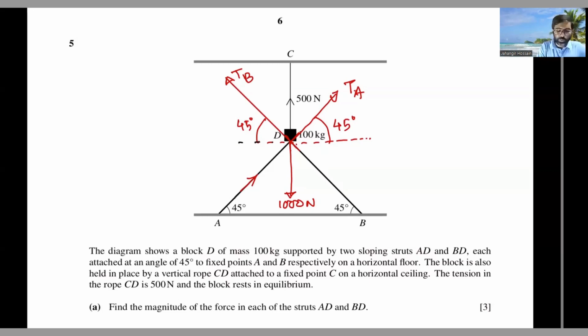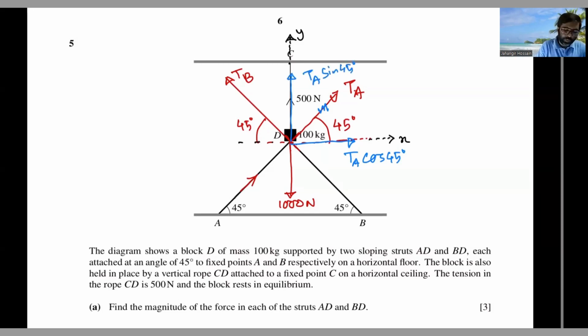Since there are forces in two dimensions, let's take the horizontal through the point D as the x-axis and the vertical through the point D as the y-axis. The horizontal component of TA is TA cos 45, because the angle with the horizontal is 45, and the vertical component is TA sin 45.